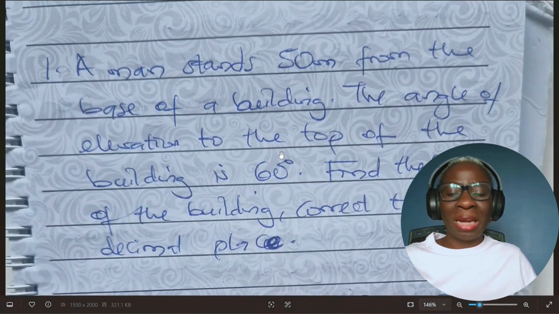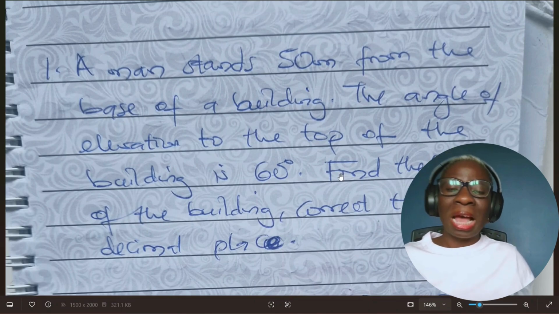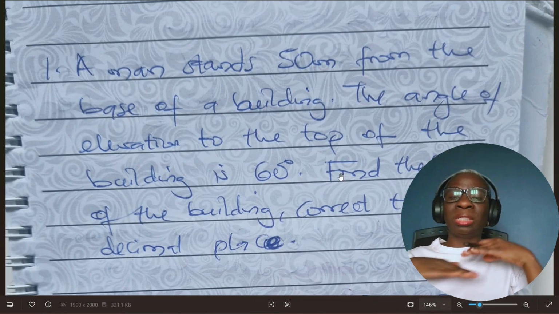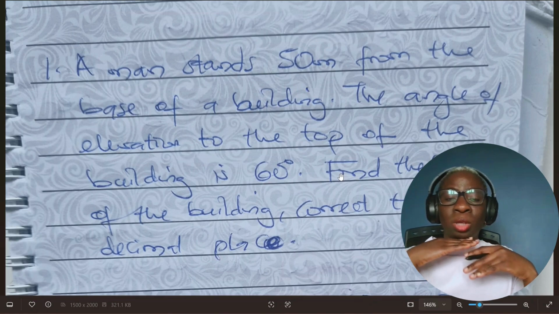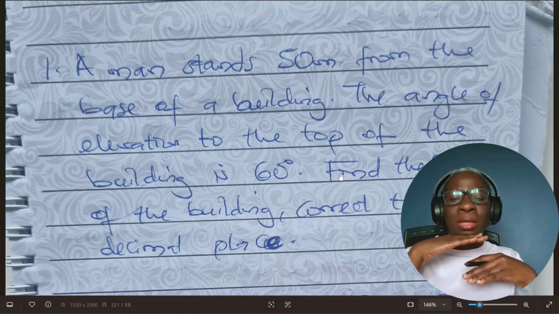The angle of elevation to the top of the building is 60 degrees. When you hear angle of elevation, it is always at ground level, because to elevate, just take it as you elevating your head, that is, you have to raise your head up.